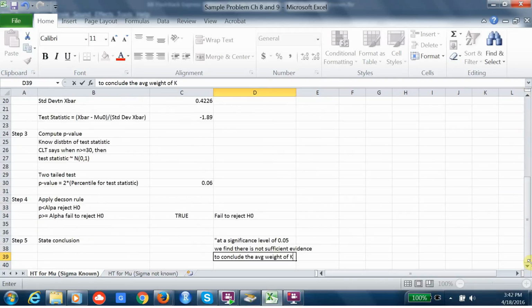Yeah, king penguins, in this colony is different than 15.6.